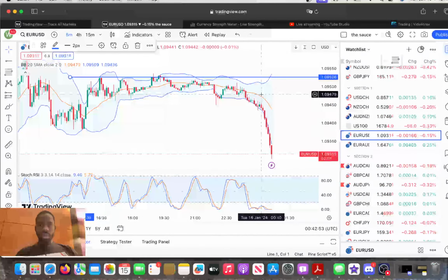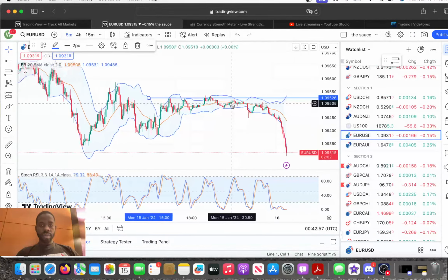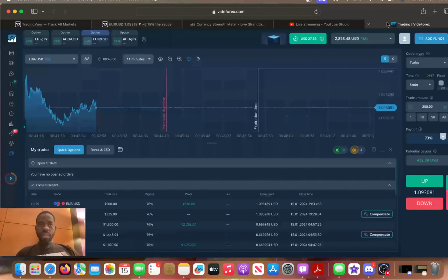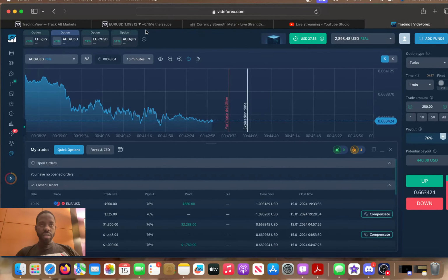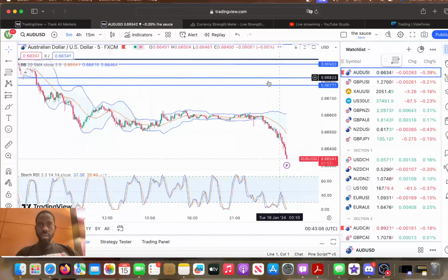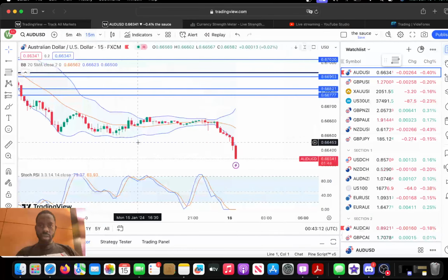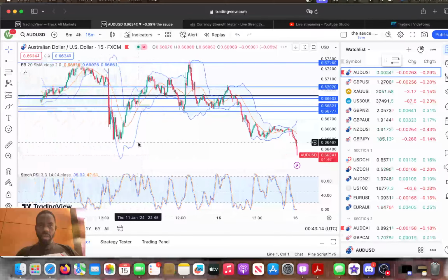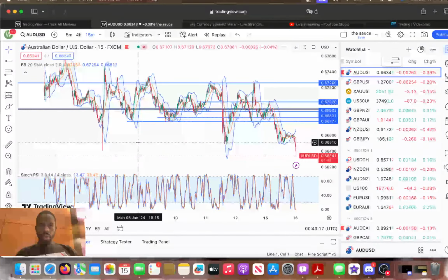As you can see, USD is falling off right now for some reason. I don't know. But let's see what's paying out. We got AUD USD. That was a big drop.